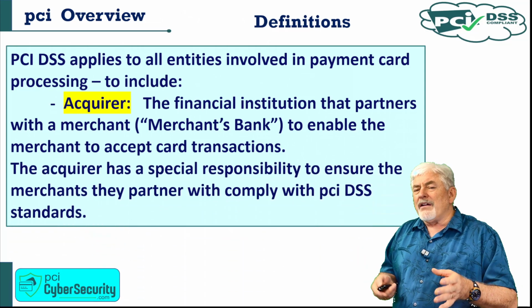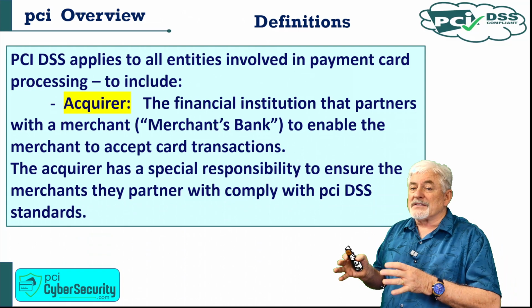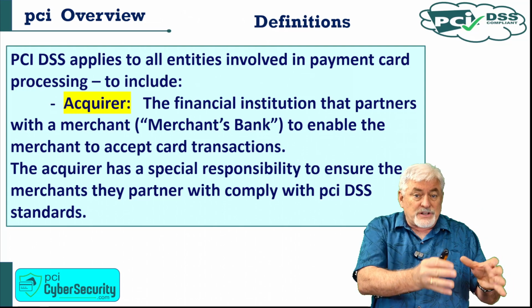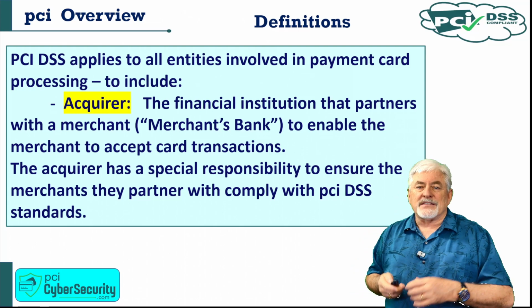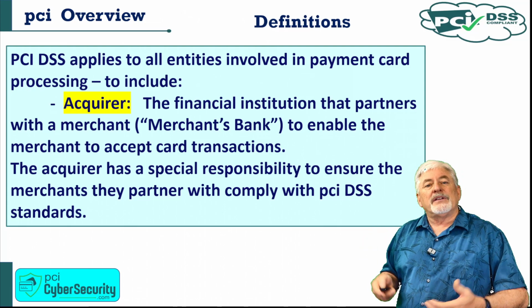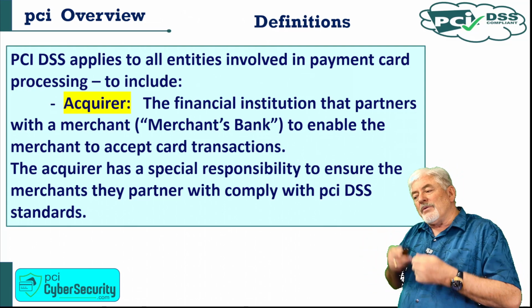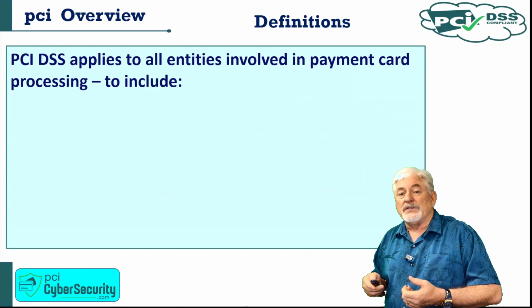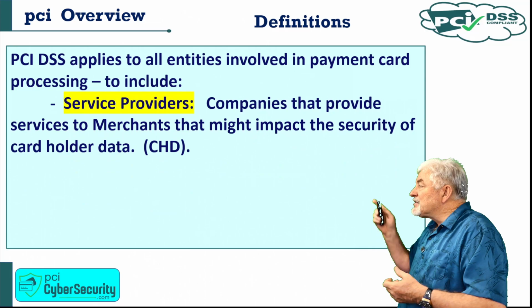And then the acquirer has even more responsibility to make sure that your mechanic, the merchant, is actually keeping things safe. So they have added responsibility as the acquirer. They're the ones that are really policing the merchant to make sure that the merchant is doing what they should be doing.